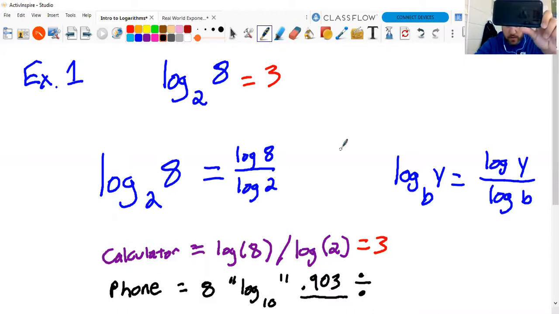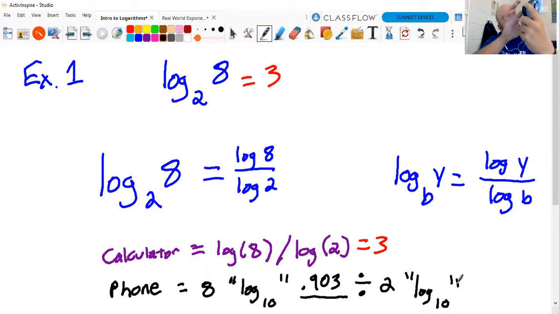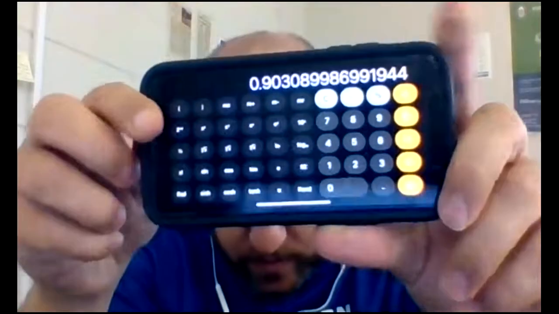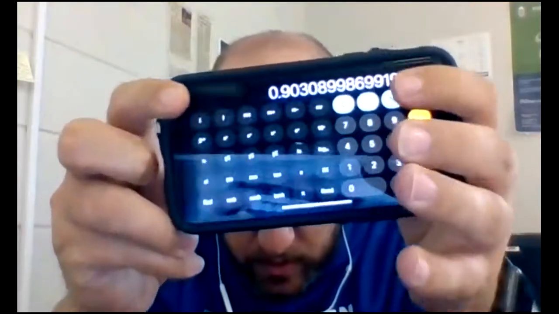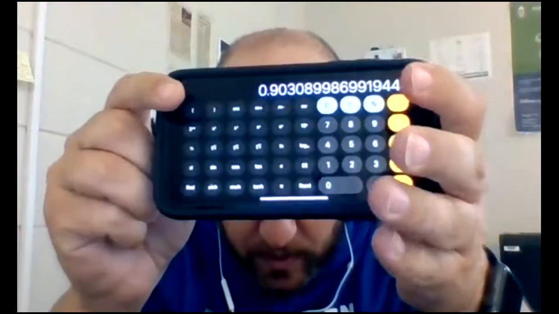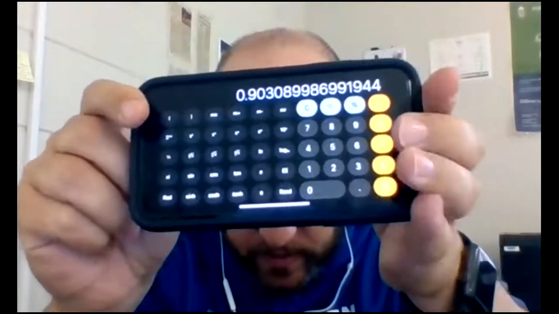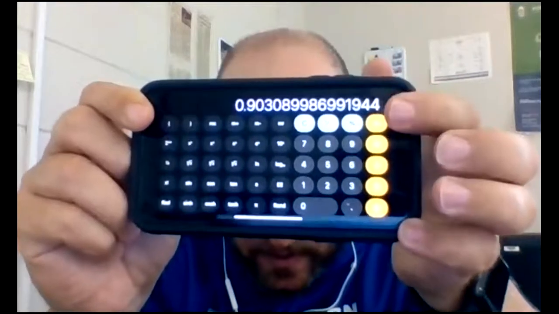Okay. So now we got to do 2 log base 10. Green is almost fading away on me. All right, so we still got it. So up here at the very top of the orange column is the division.